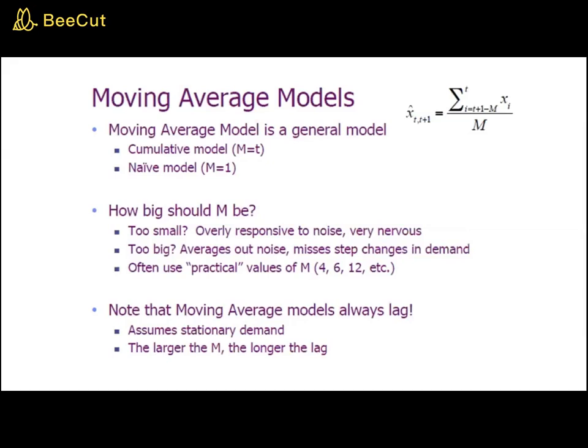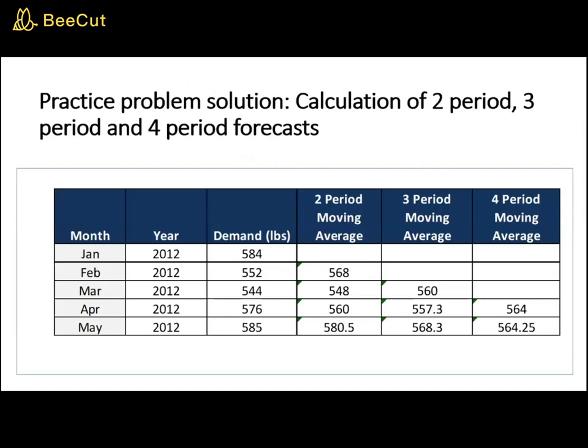If you make it too small, that's not a good idea. Making it too big is also not a good idea. So you have to find a middle way, and go with that. Generally speaking, moving averages have a little bit of a delay or lag, so that's something to definitely keep in mind.